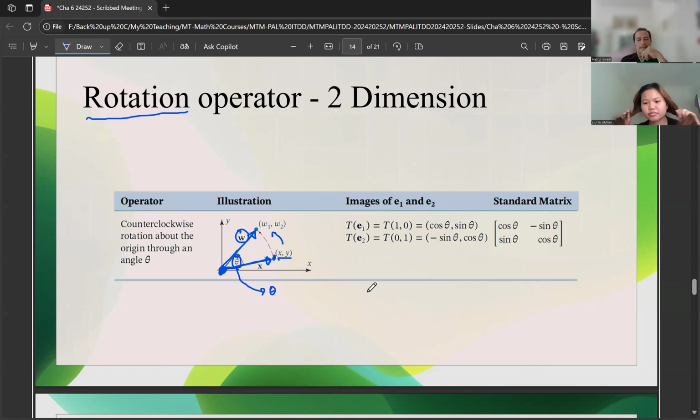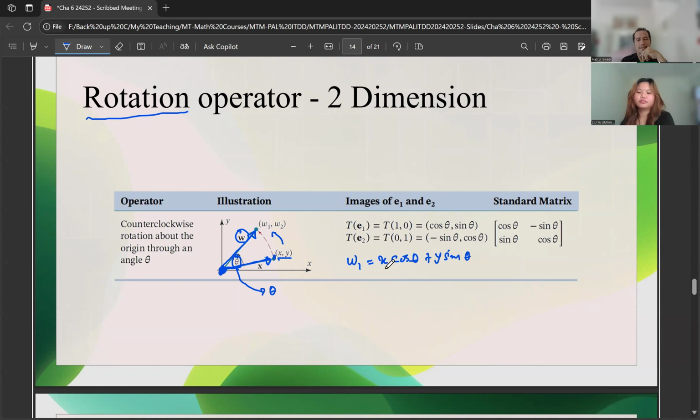Actually, we must know about trigonometry formulas. In this case, I just give you the formula directly. W1 will be x cos theta plus y sin theta.